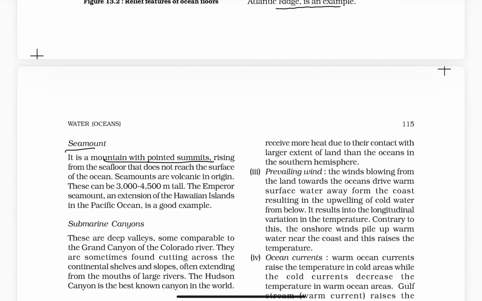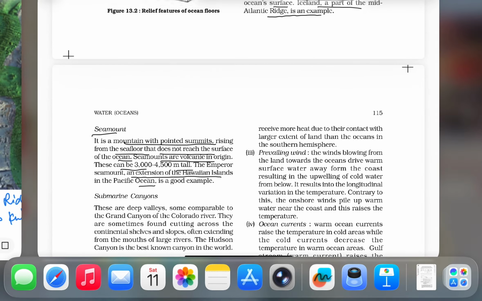Seamounts. A seamount is a mountain with pointed summits rising from the sea floor that does not reach the surface of the ocean. Seamounts are volcanic in origin. The Emperor Seamount, an extension of the Hawaiian Islands in the Pacific Ocean, is a good example.